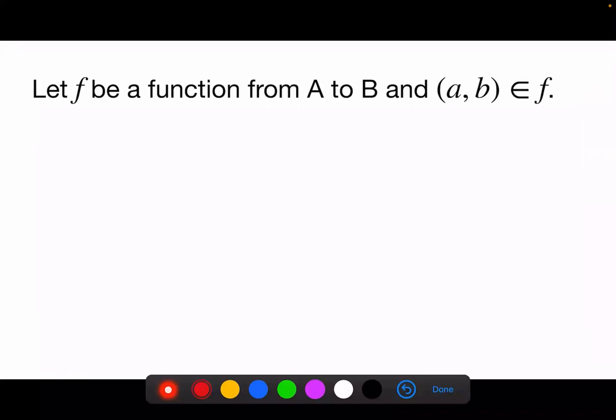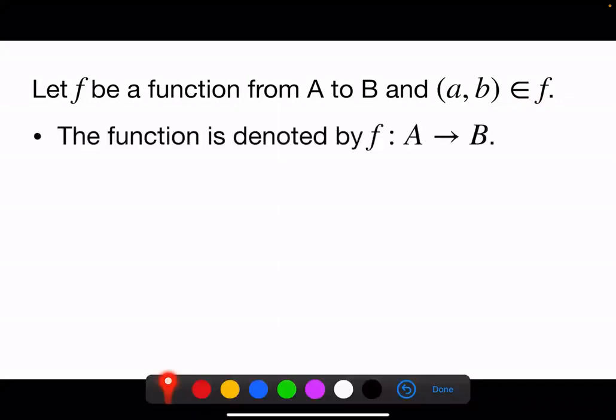Okay, so it is important to understand a little bit of notation. This is how we write it. Let f be a function from A to B, and if you take an ordered pair which belongs to the function, there are a few terms that we need to understand.